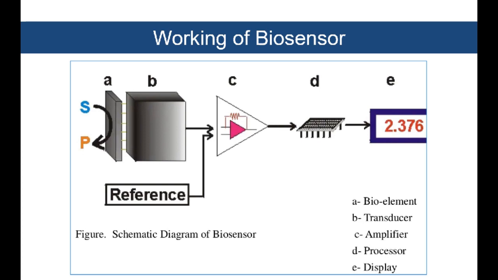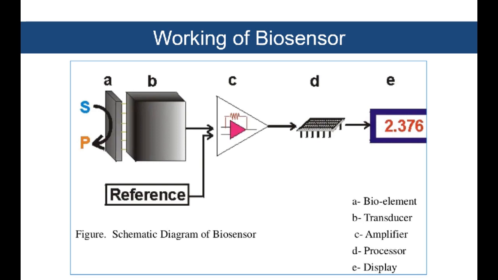A is the bioelement, B is the transducer, C is the amplifier, D is the processor, and E is the display.